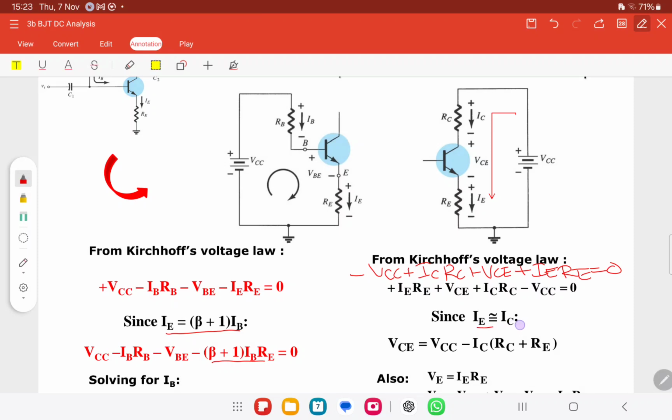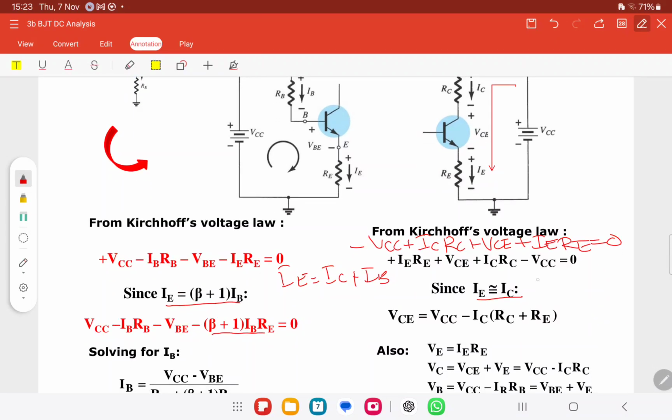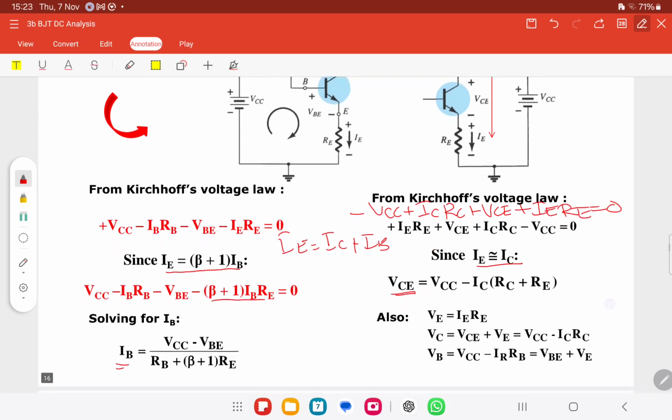So ganti, nak guna cara ganti boleh, nak guna IE equals to IC plus IB pun boleh. So faktorkan, tu yang dapat VCE. Ni kalau you dah masukkan value 5, 10, so senang je pun sebenarnya.